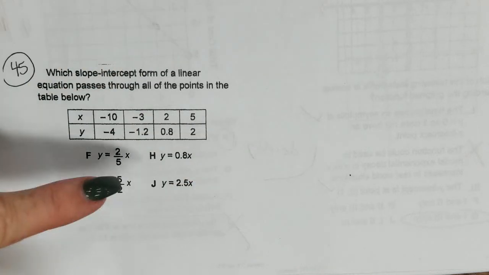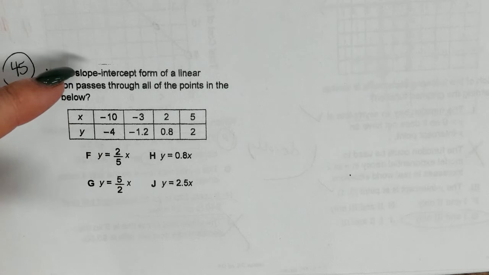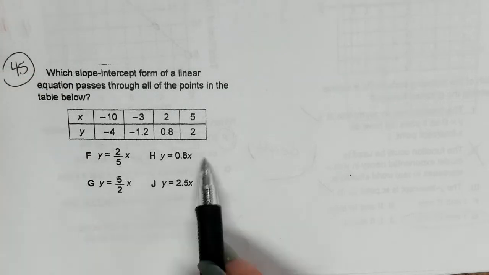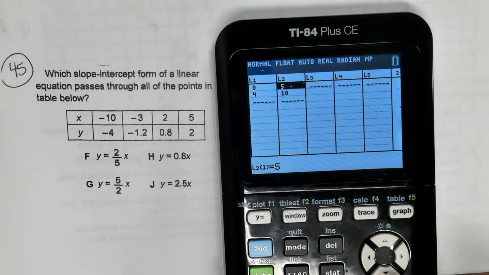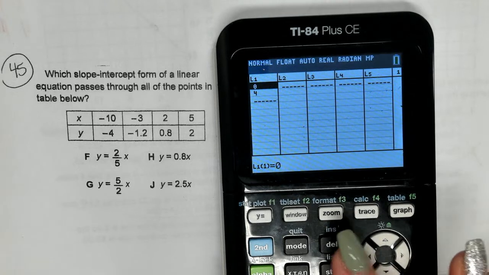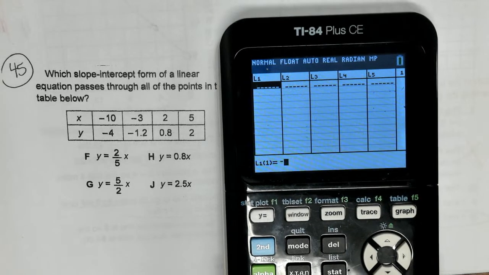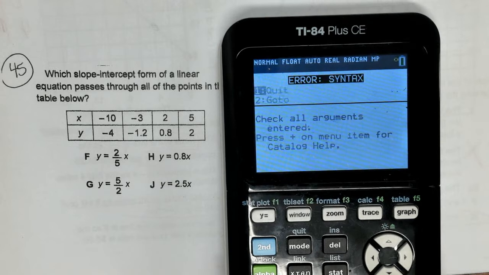Which slope-intercept form is the equation that would pass through those points? Now, is this one linear? Look at the answer choices. Do they look linear? So could you use stat? Yes. So I go to stat, edit. How many points do I have to put in? So I got negative 10 for the first x, negative 3 for the second.